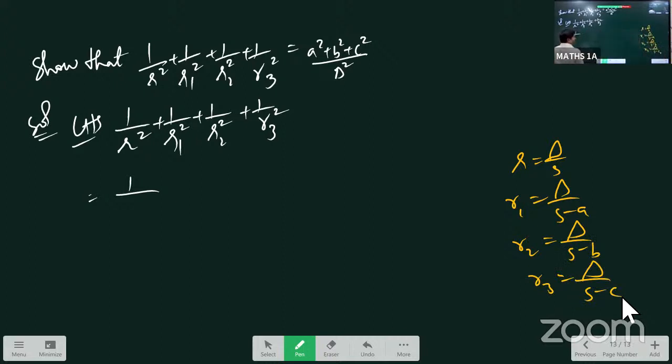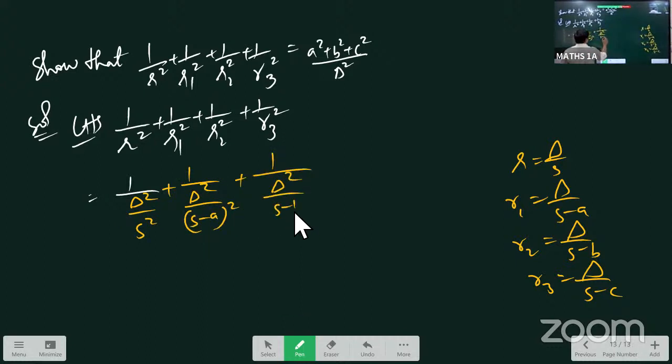So 1 by r square is s square by delta square, plus 1 by delta square by s minus a whole square, plus 1 by delta square by s minus b whole square, plus 1 by delta square by s minus c whole square.